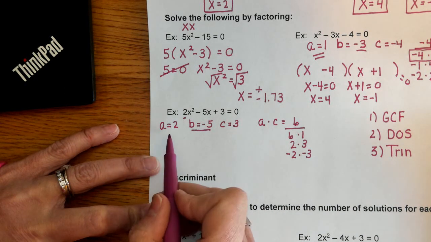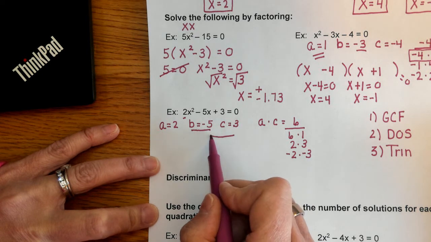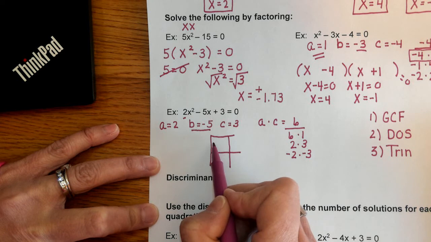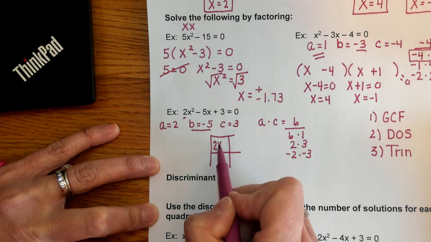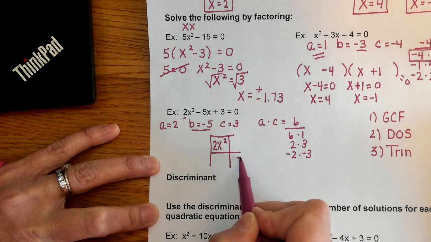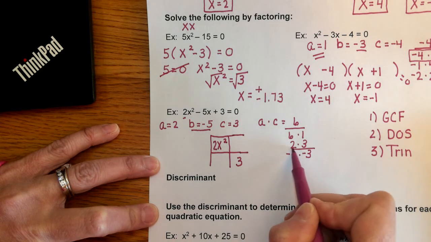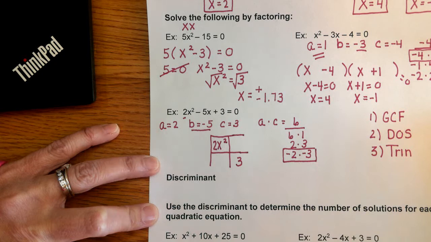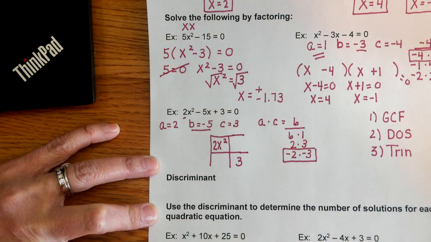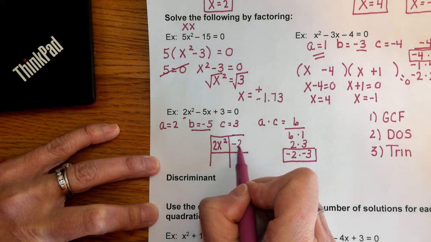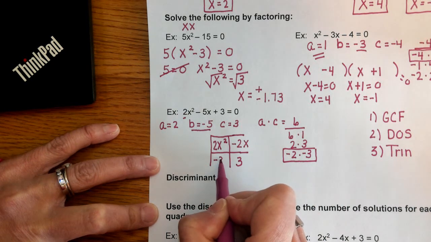Now because A equals 2, this is when we are going to use our array. In the upper left-hand corner, remember it's 2x squared. In the bottom right, it is your constant. And now I'm going to use these two right here, and they will go into your array in either spot.